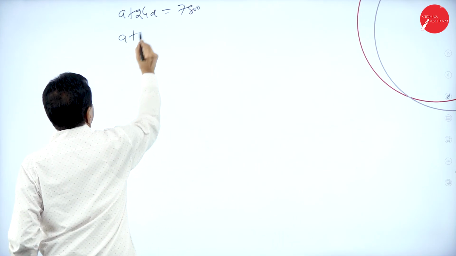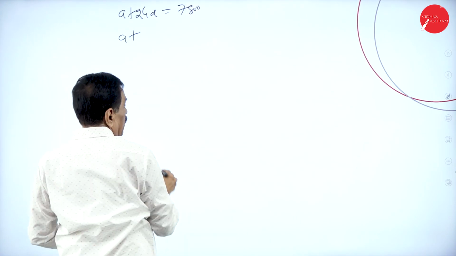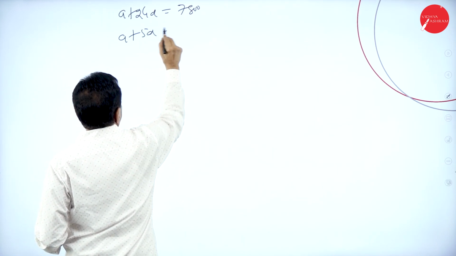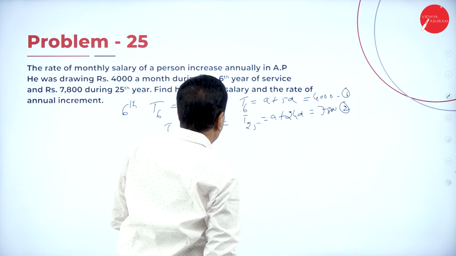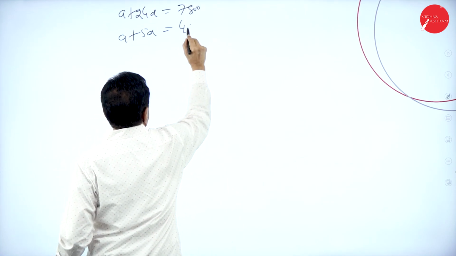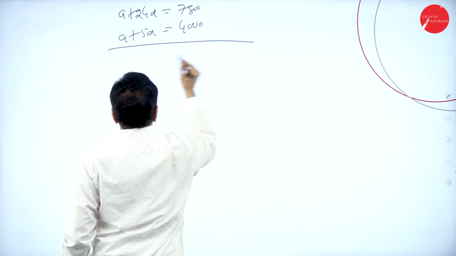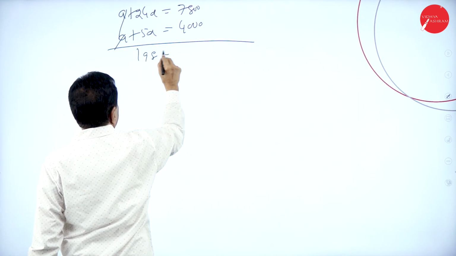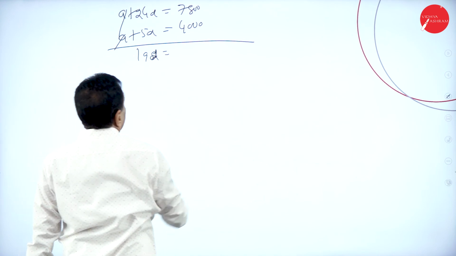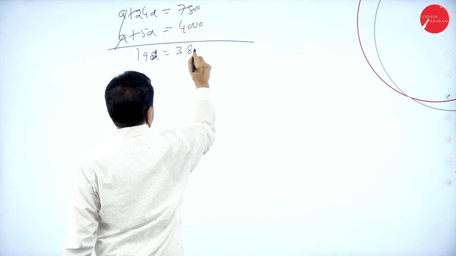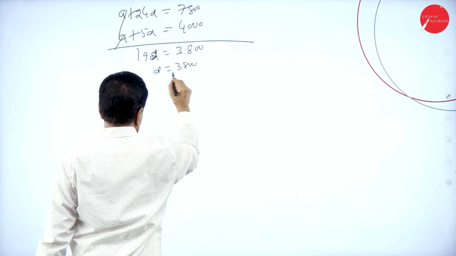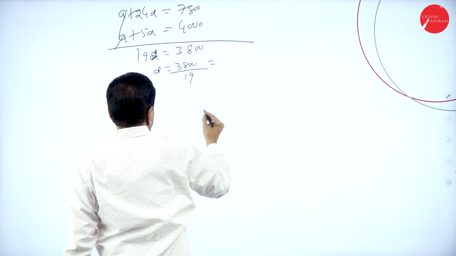The second one: a plus 5d is equal to 4,000. Deduct: 19d is equal to 3,800. So d is 3,800 divided by 19, which is 200.